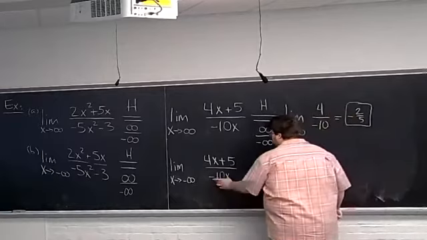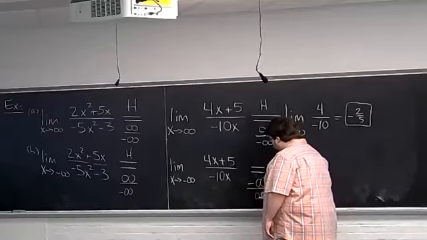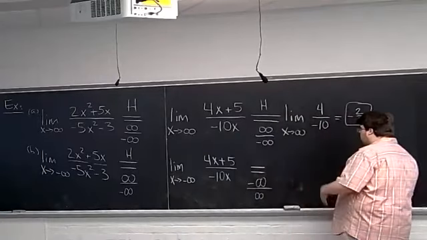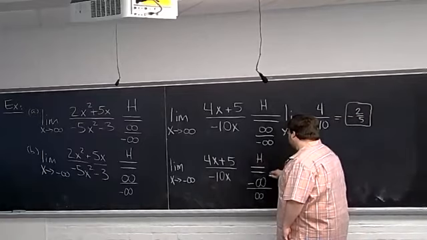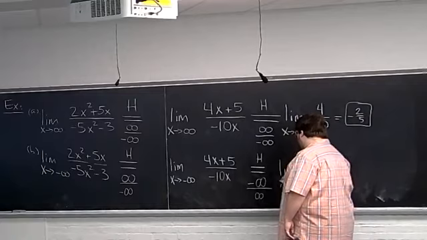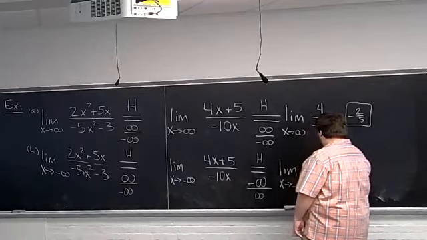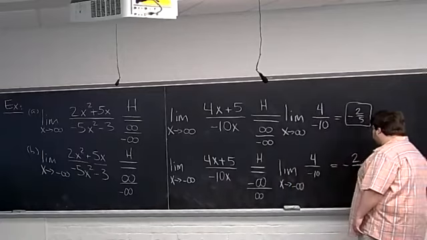But this negative 10x will go to positive infinity because the negatives would cancel. We get a negative infinity over infinity. We can apply L'Hopital's rule one more time. Limit as x goes to negative infinity of 4 divided by negative 10, which, just as before, is negative 2/5.